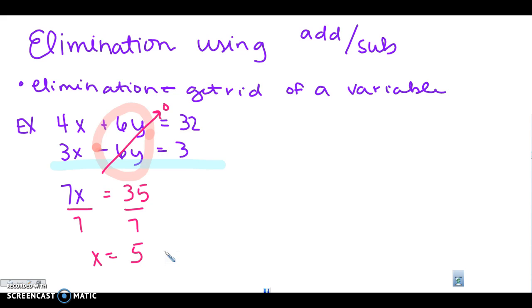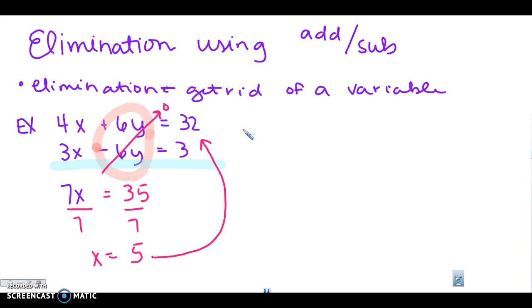Now, if you'll remember, when I'm solving a system of equations, I don't just want x. I want the whole coordinate point where they would intersect if I were to graph them. So I'm going to take this 5 and plug it in to one of my equations. It literally does not matter which equation I plug the x into. Just pick one of your original ones.